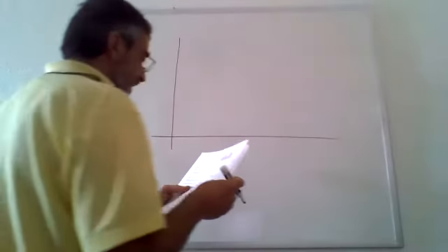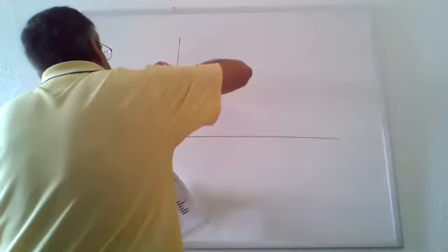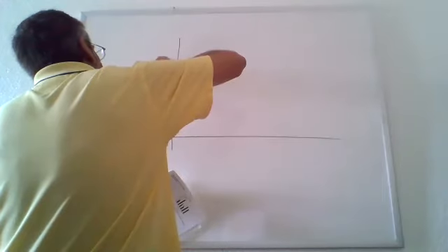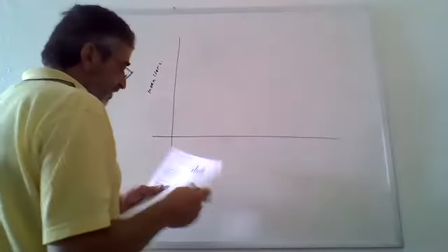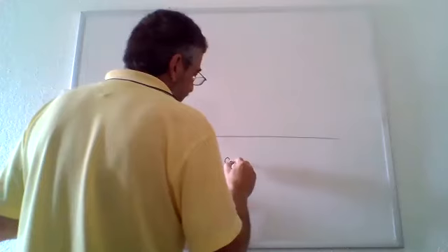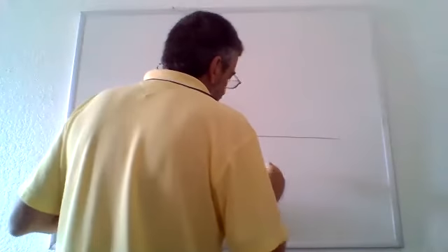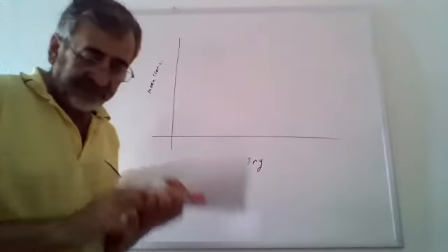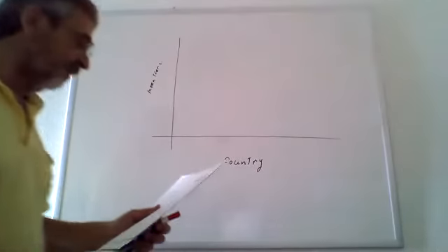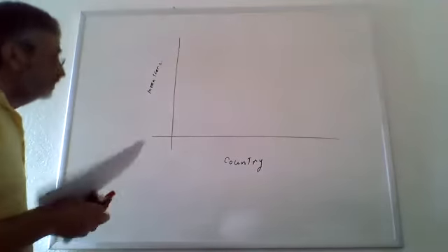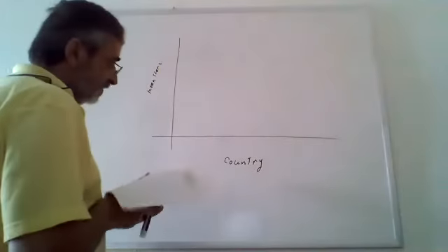And here we have the mean score, and then on this one, we have country. And in every country, two groups of people took the test and were scored. Let me put some numbers over here.